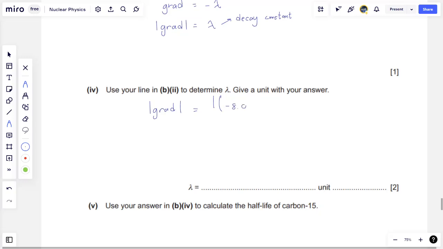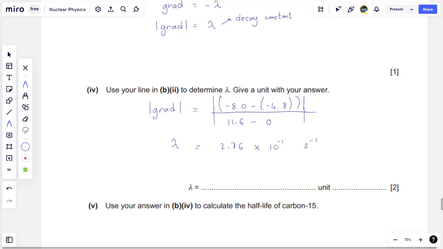So the gradient is -8 minus, remember there's a negative sign, 4.8, divided by, and all of this needs to be absolute value, 11.6 minus 0. And so what is the magnitude of the gradient? It's simply lambda. If I calculate this, 2.76 times 10 to the -1.